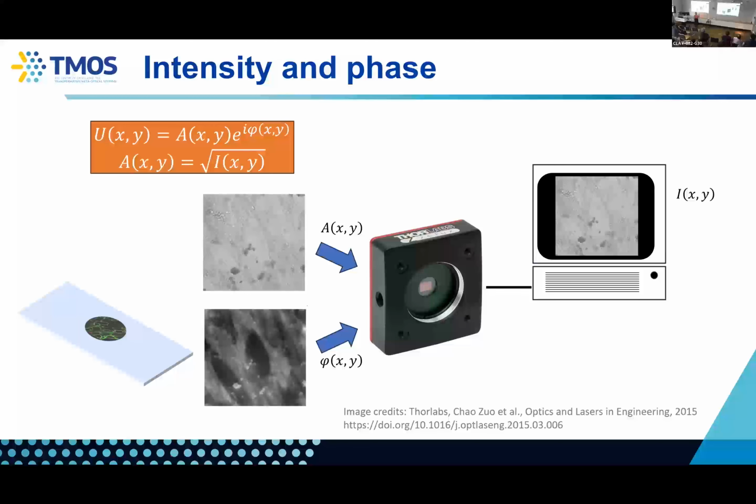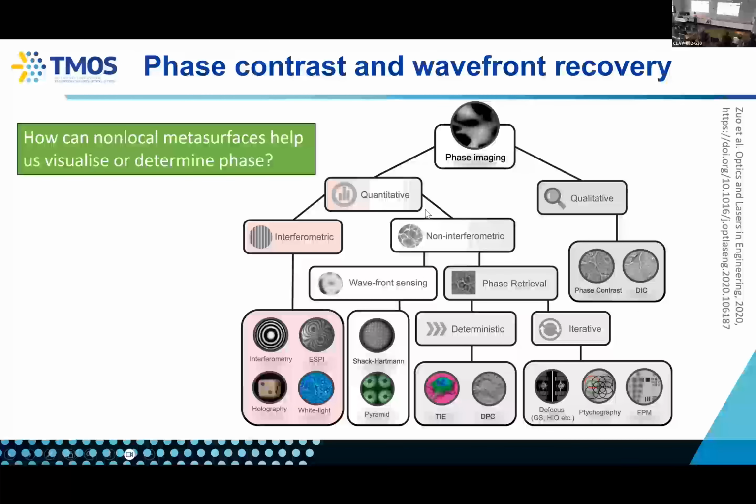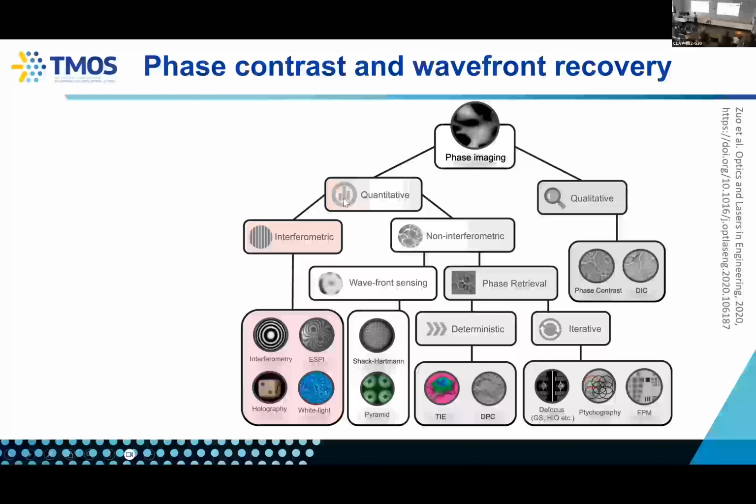So there's a lot of rich information in the phase, and as a consequence, a huge number of methods have been developed for actually getting that information. These range from qualitative approaches, including Zernike phase contrast and differential interference contrast microscopies, through to quantitative methods such as interferometry.